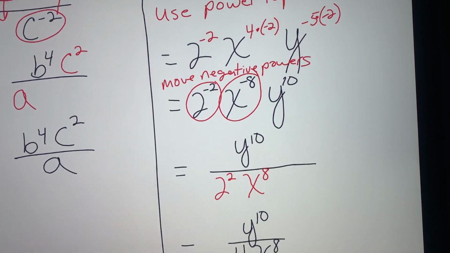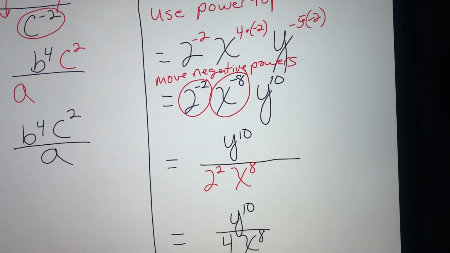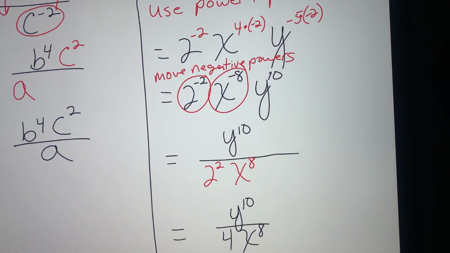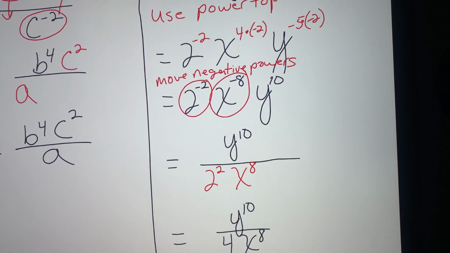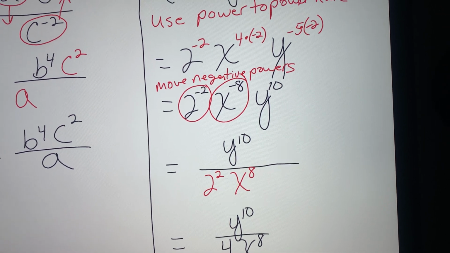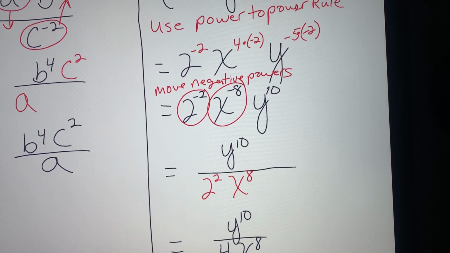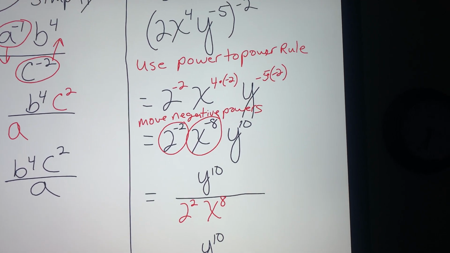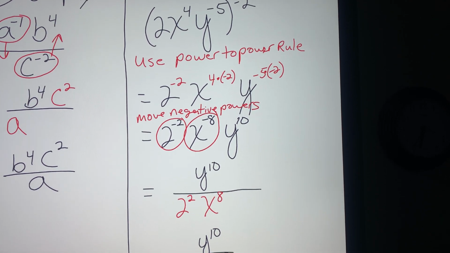Once we do that, we get 2 to the negative 2nd power times 4 to the negative 2nd, and then x to the 4th power times the negative 2nd power, and then y to the negative 5th times the negative 2nd power.